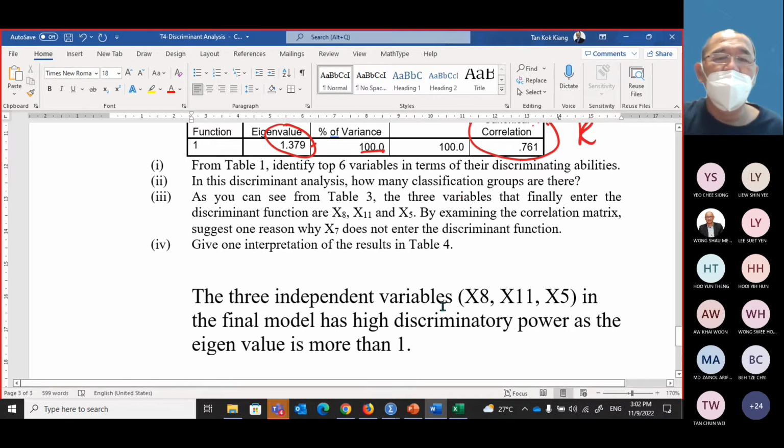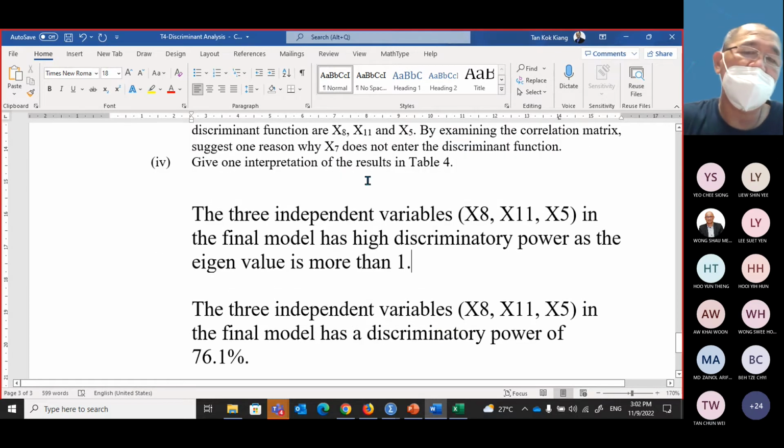That's all you can say. An eigenvalue more than one is really good. Based on the eigenvalue, either one is okay.